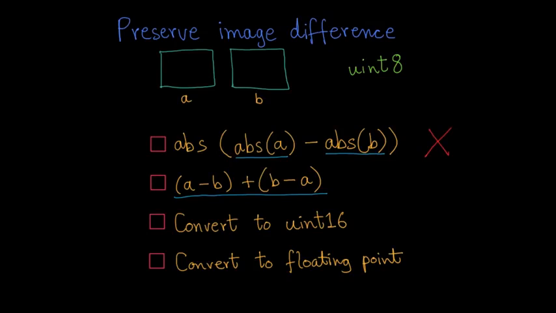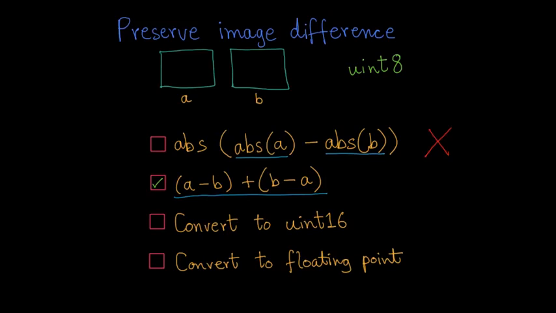The second expression is interesting. A minus B would give correct difference values where A is greater than B and 0 where B is greater than A. Similarly, B minus A will give you correct difference values where B is greater than A and 0 where A is greater than B. Hence, their sum is in fact the absolute difference that we want.